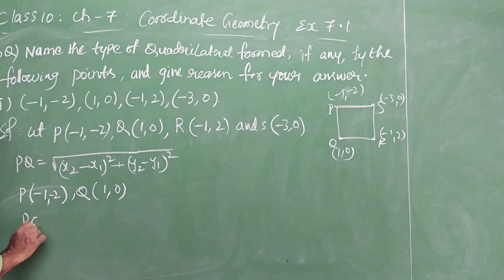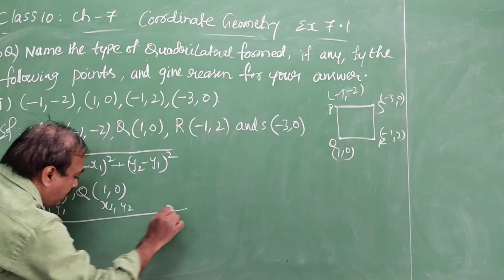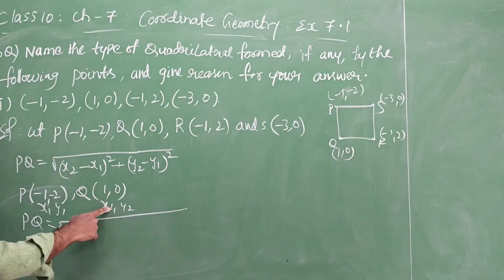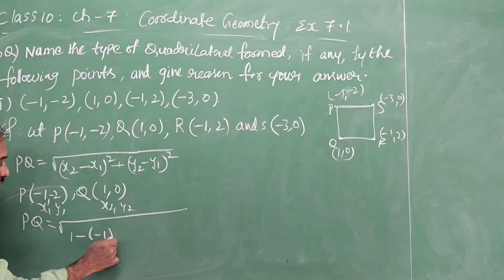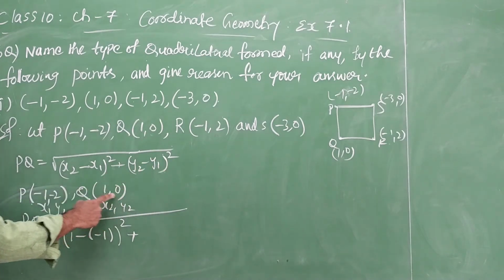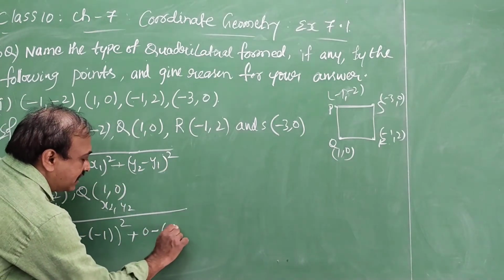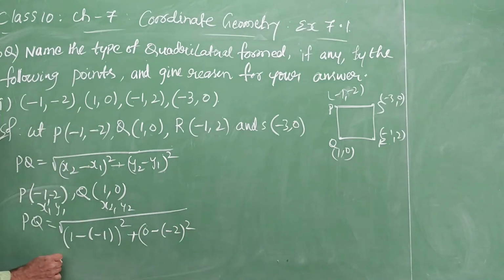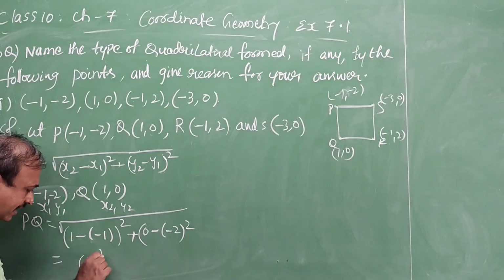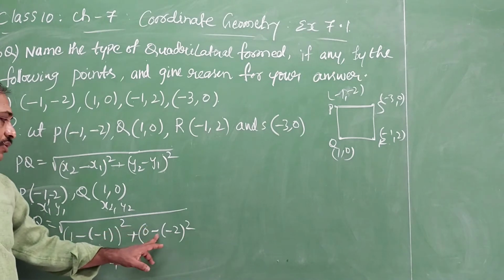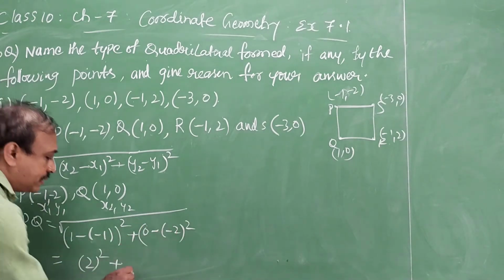So PQ is equal to the square root of (x2 minus x1) whole square plus (y2 minus y1) whole square. So (1 minus of -1) whole square plus (0 minus of -2) whole square, which is equal to (1 plus 1) is 2 square plus (0 plus 2) is 2 square.